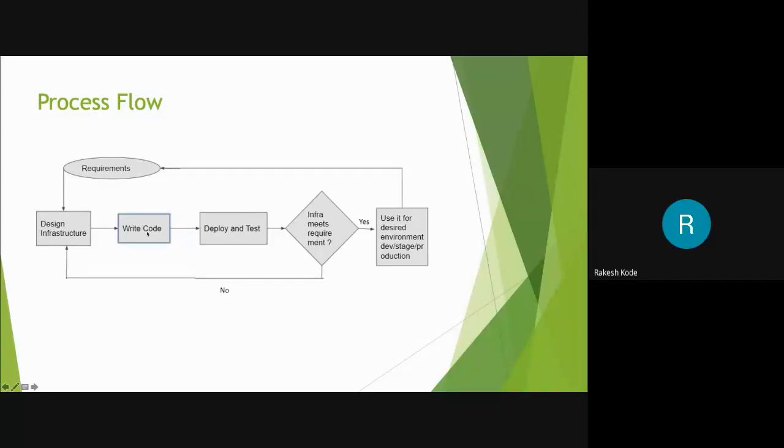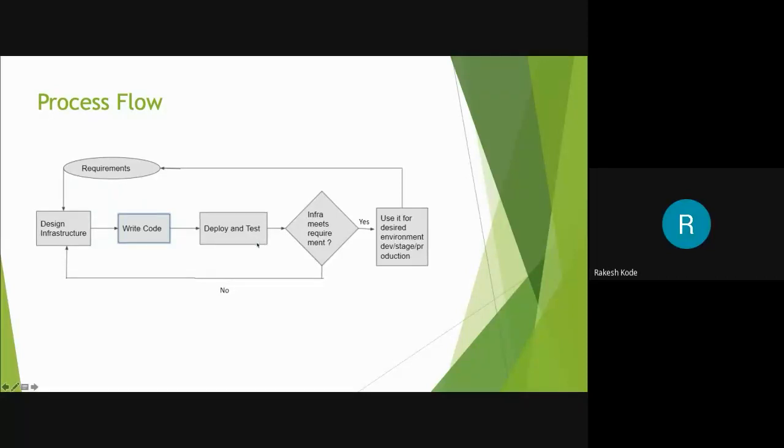This could be CloudFormation, Azure Resource Manager, Terraform, or some other way. Since we are talking about infrastructure as code, let's think that we are writing the code in Terraform, CloudFormation, or Azure ARM. Once that's done, we deploy and test. That could be through the pipelines, which we'll go over later when we get into the demo.